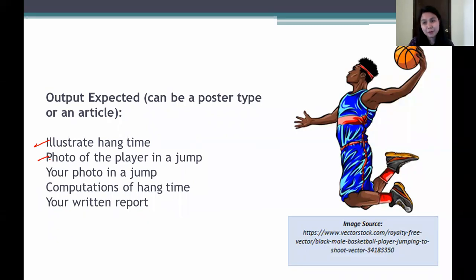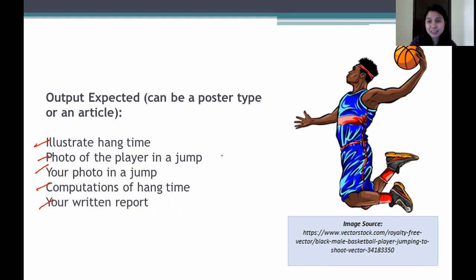Take a photo of the person as they jump, and also take a photo of yourself as you jump, then compute your hang time, then write your written report. It can be a sports article, or it can also be plainly to endorse the player.